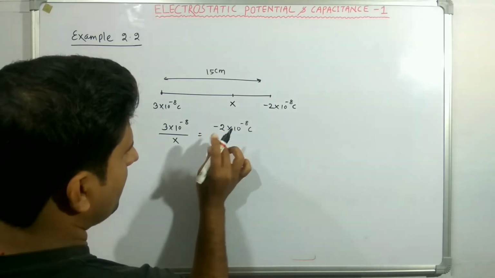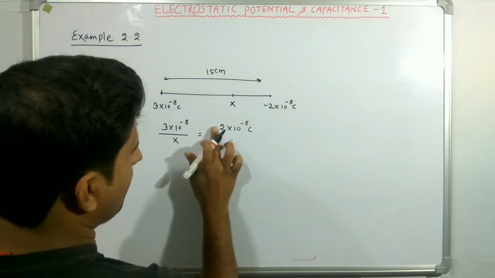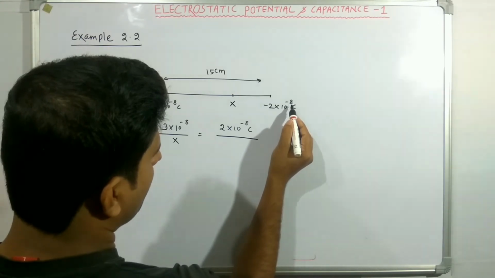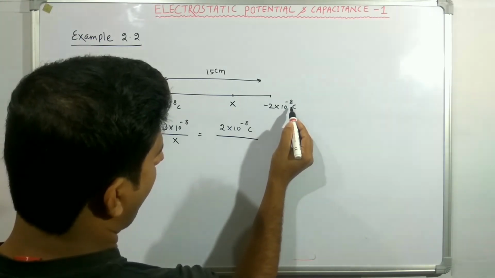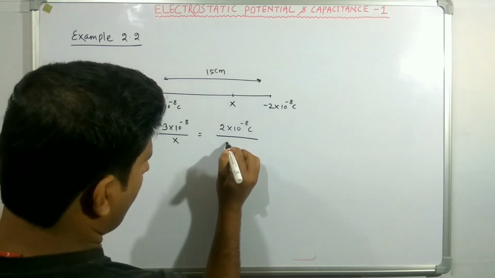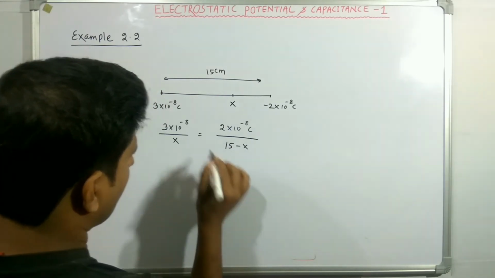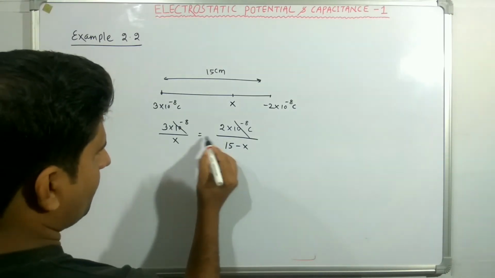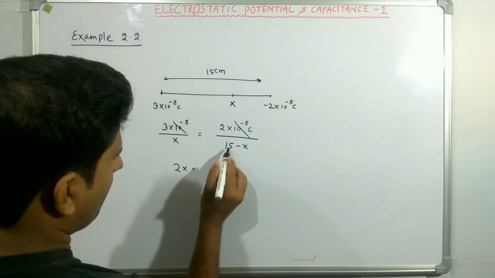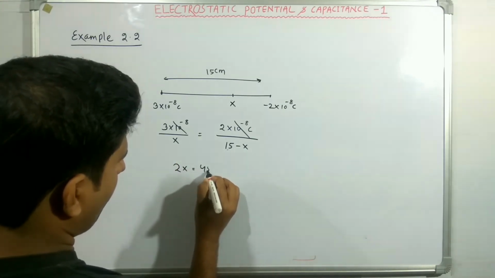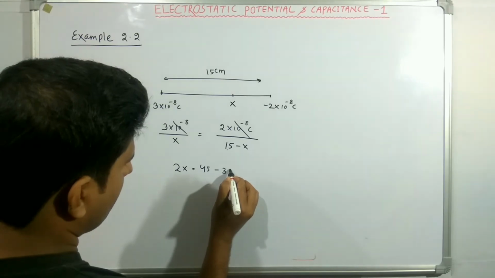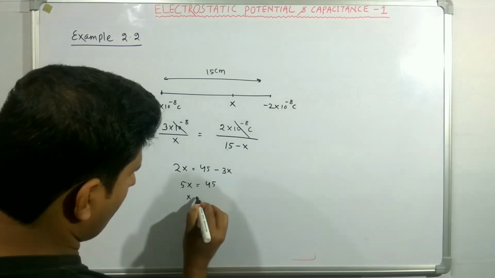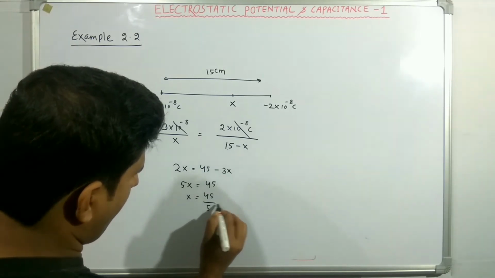2 × 10^-8 divided by (15 minus x). Here we only take the magnitude of the charges. Then the 10^-8 cancels, and after calculation, 2x equals 45 minus 3x, so 5x equals 45, and x is 45 by 5, equal to 9.